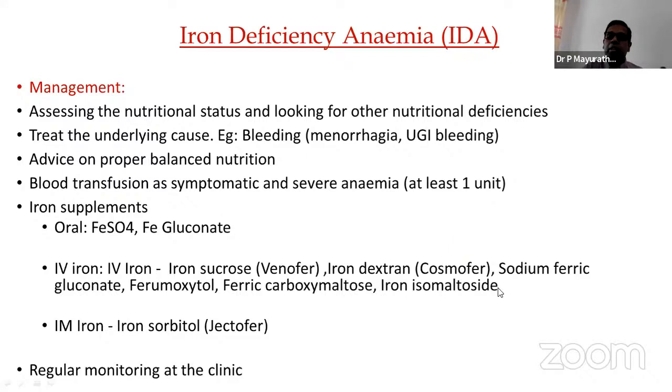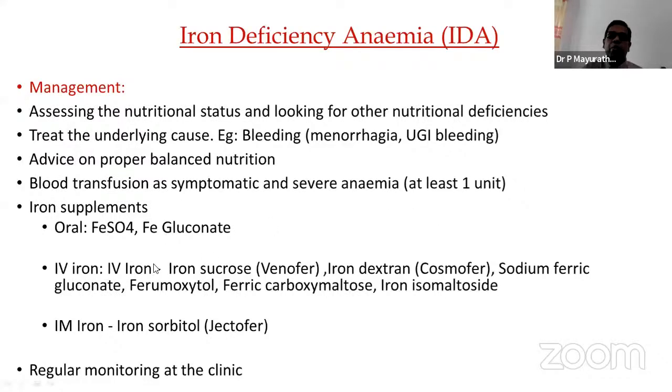Then later on they might come with heart failure. Okay, so if the patient's compliance is correct but you couldn't achieve your expected hemoglobin rise, then you may have to think about other possibilities like ongoing blood loss. So you have to keep them monitored for a significant period of time.